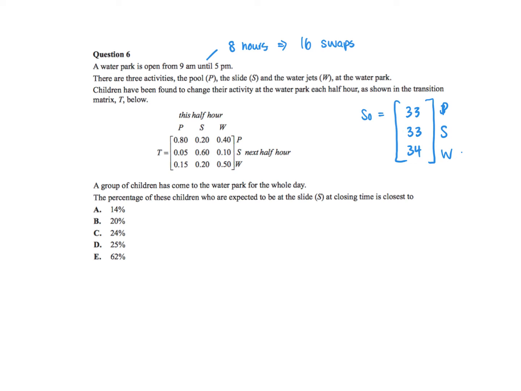I want to know the end of the day, so I want state 16, because every half hour they're changing. I'm going to take this transition matrix to the power of 16, and multiply it by the initial state I've created. So I'll do that.